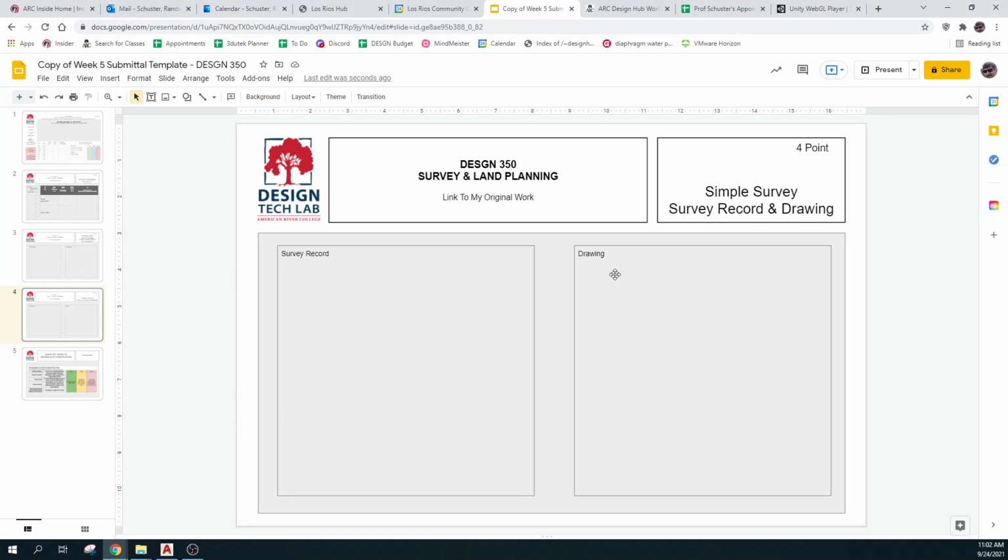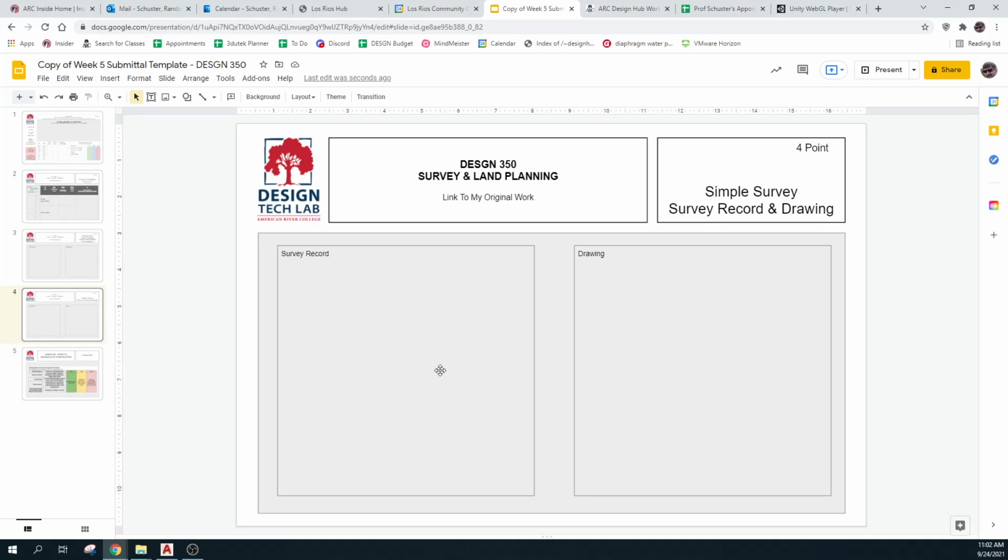So your drawing can be over here, and as you recall, we had one drawing with them all kind of on top of each other. And then you can just put your survey records over here. So you might need 2 pages depending on how many of them you did.